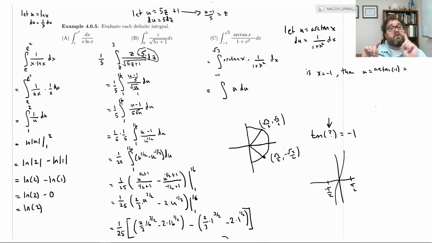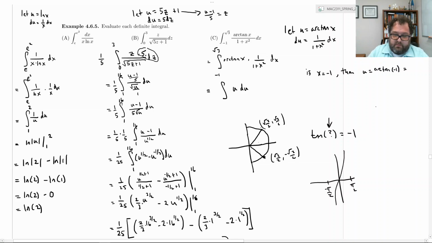We're only focused on solutions between negative pi over 2 and pi over 2. Although you could call this angle 7 pi over 4, that's not between negative pi over 2 and pi over 2. Instead, we need to call it the coterminal value, which is negative pi over 4.